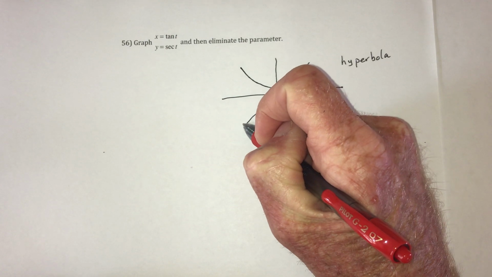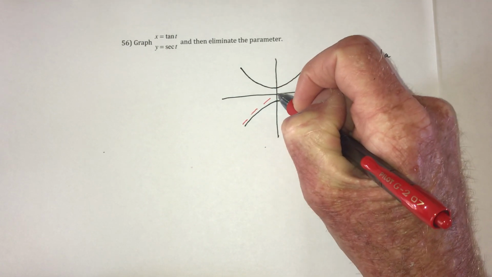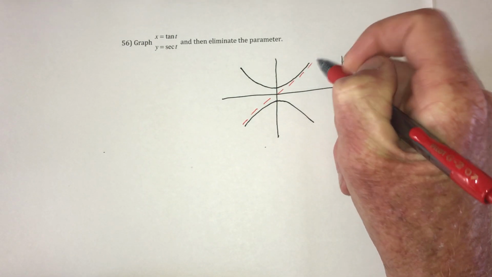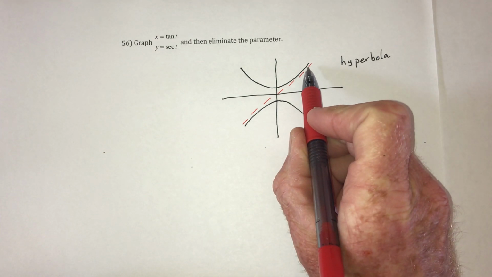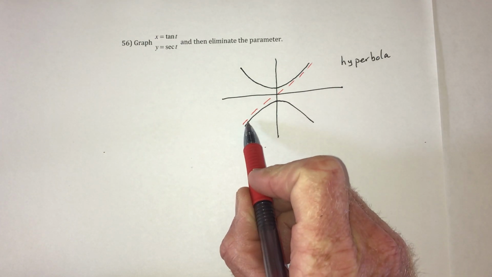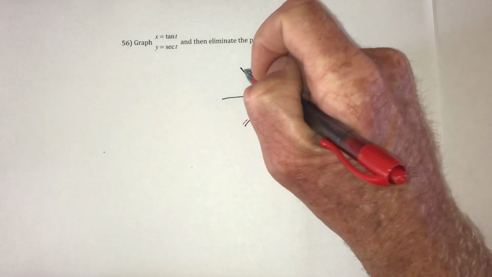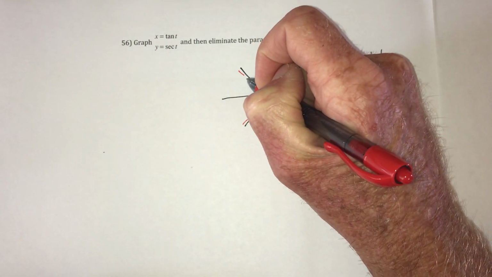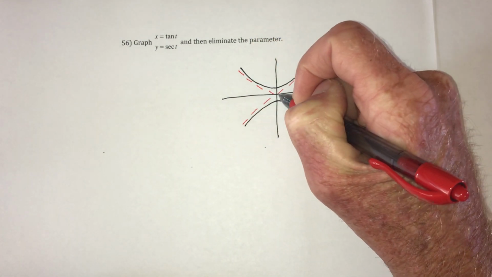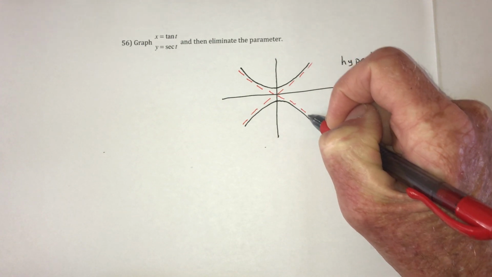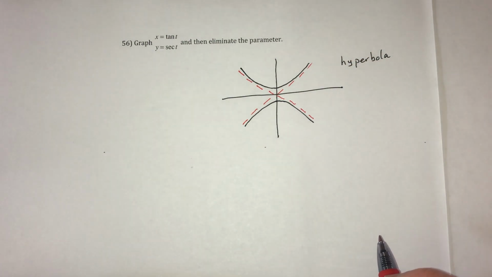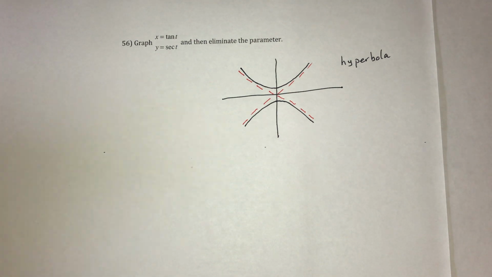So there's an asymptote that goes like this. And then this part is going to get closer and closer, and this part's going to get closer and closer to the dotted line. Likewise, there's this dotted line like this. So that's what the graph really looks like.